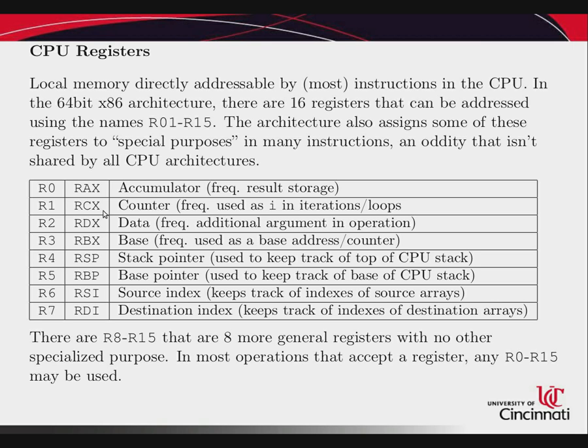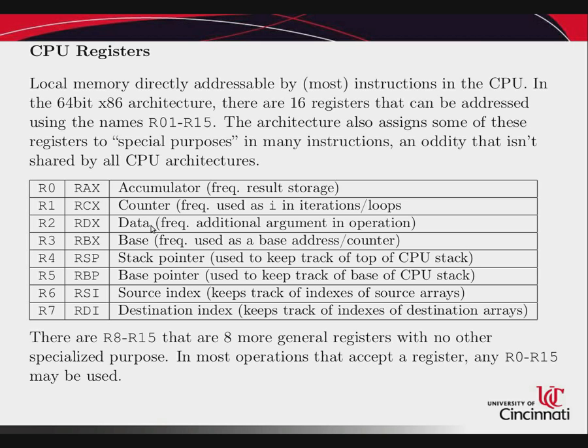Or I should say that's hard-coded to test for this particular register. Another one, RDX, is your data register, frequently used as an additional argument in some operations, and some instructions just assume that RDX and RAX are two parts of a three-way operation where the result is overwritten in RAX.